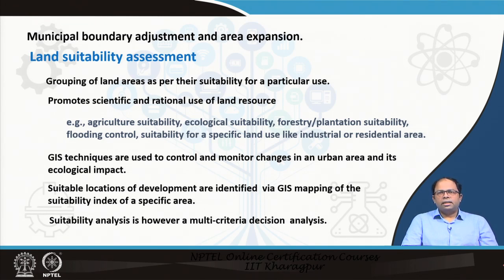So, we can design areas which are supposed to take in this extra water during rainfall, and that is why flooding control areas also need to be determined. As you can understand, flooding control areas don't need to be at a location very central to the areas which already have a lot of transportation infrastructure or other kinds of development. So this is one criterion which could help us in deciding flooding control areas.